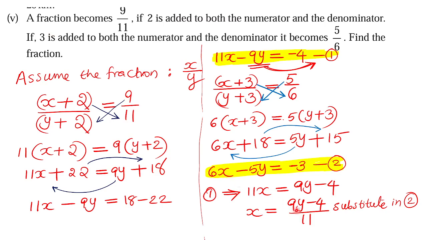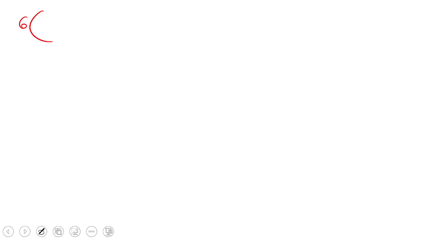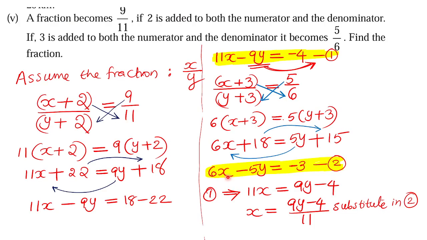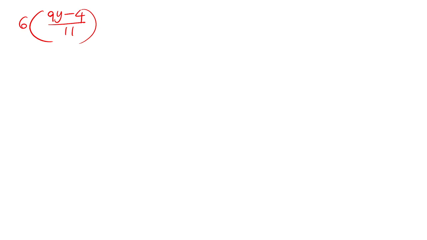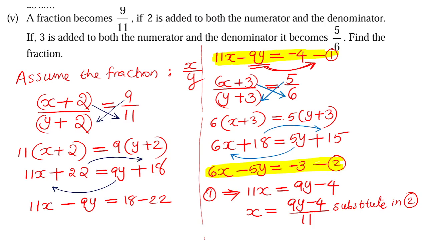X is this one, 9y minus 4 by 11. This x is to be replaced by this. 6x is written, minus 5y to be written. And the right side is minus 3.